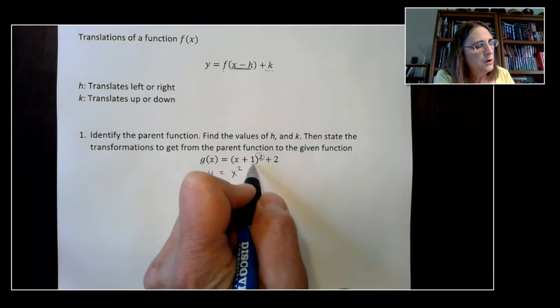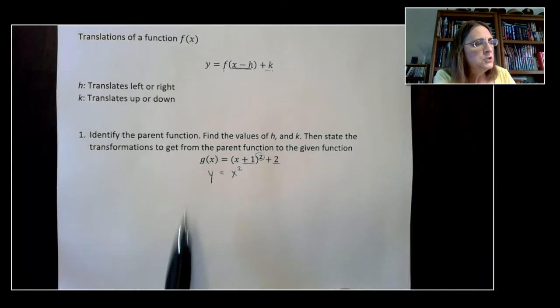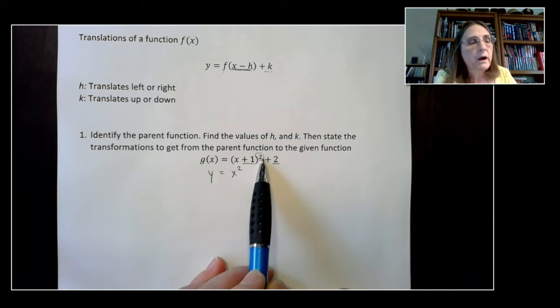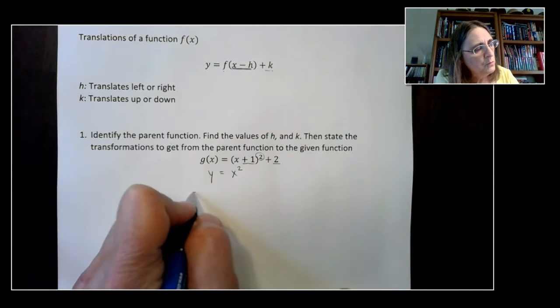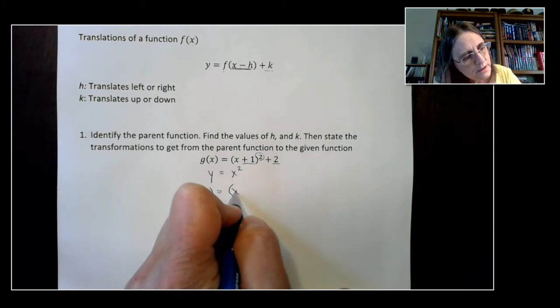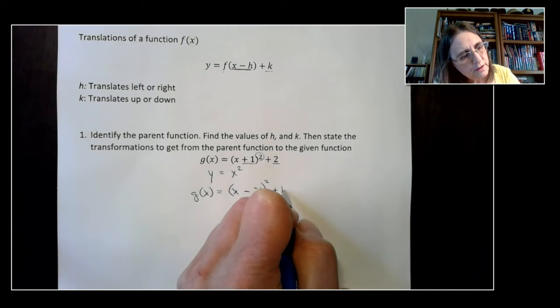And our translations are found here and here. So we want our translations to be in the form of x minus h before I square it. So I can rewrite this as g of x equals quantity x minus negative 1 squared plus 2.